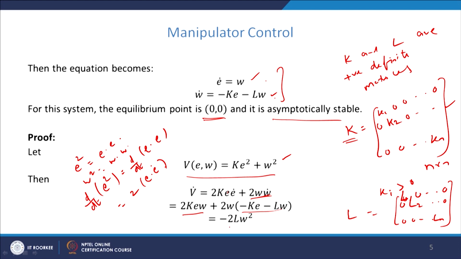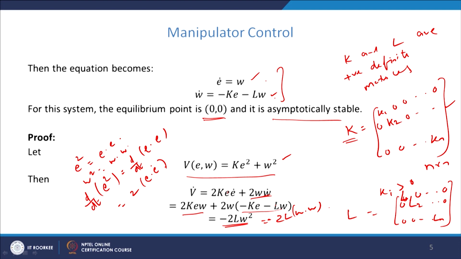So, it is easy to see that the ultimate value is minus 2 L W dot W, the dot product of the W vector. So, this is a negative definite function, because it is always a negative value. This minus sign is there and other things are positive.